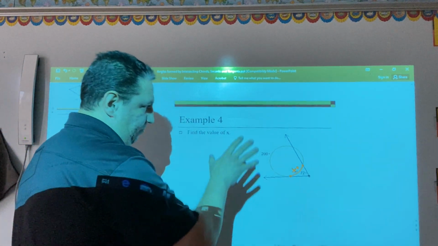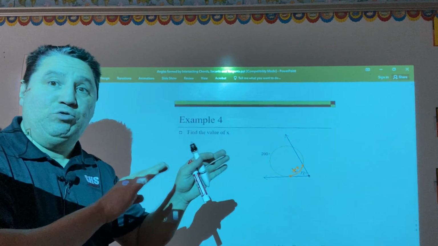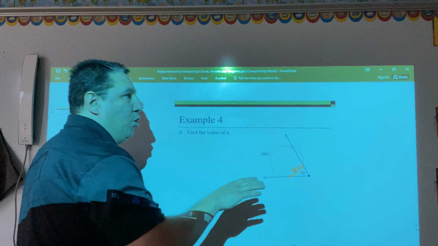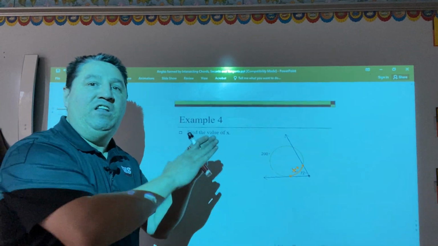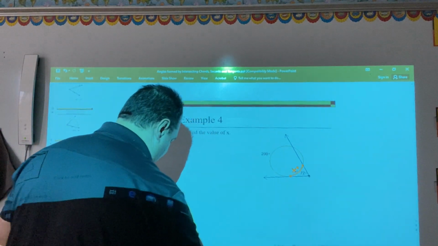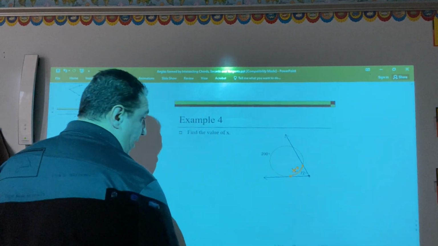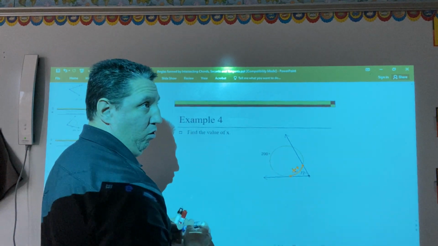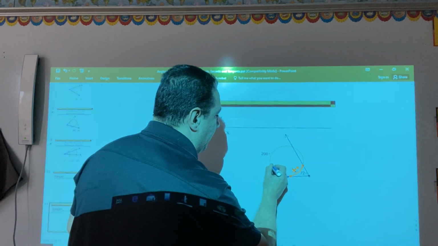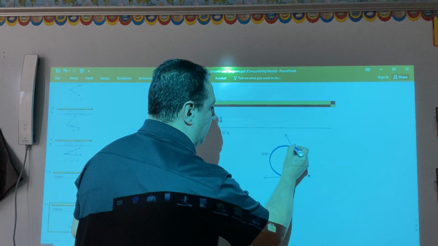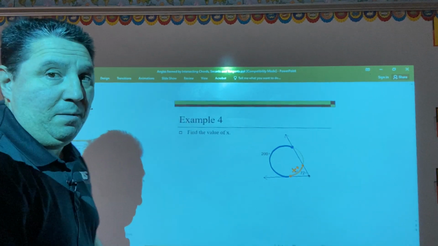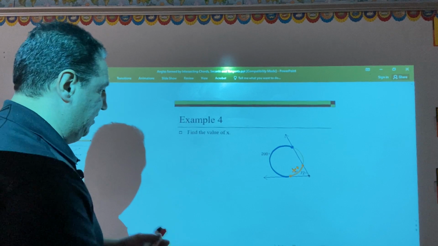Now, because the intersection is outside, the measure of the given angle would be half of the difference of the intercepted arcs. The intercepted arcs are x, the small arc, and the other intercepted arc is this one, which is 200 degrees.